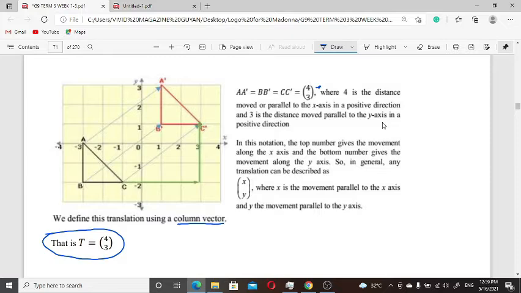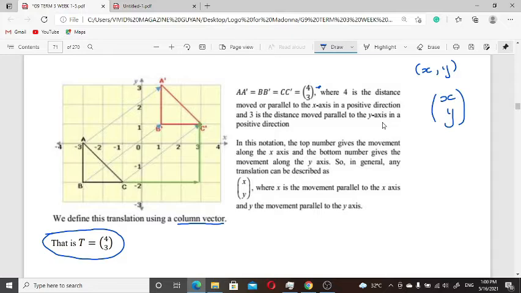So in general, any translation can be described as x over y. Most of you understand that when you have a point, it's written as (x, y). However, when you have to deal with these column vectors, you'd have x on top, y at the bottom. Please take note, there is no division sign. A lot of students make that mistake. It's not a division sign, it's x on top, y at the bottom.